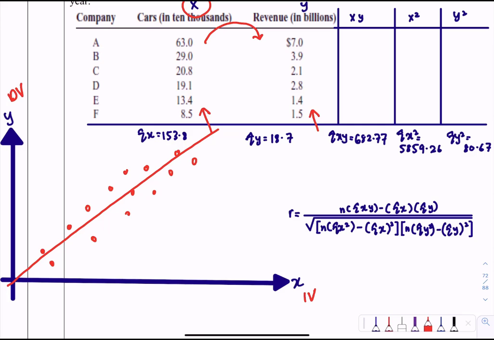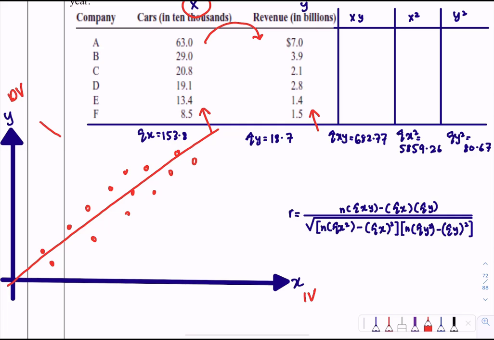If x increases and y increases, that means they are increasing. Okay, they have a positive relationship. Okay, positive relationship, positive correlation between y-axis and x-axis.